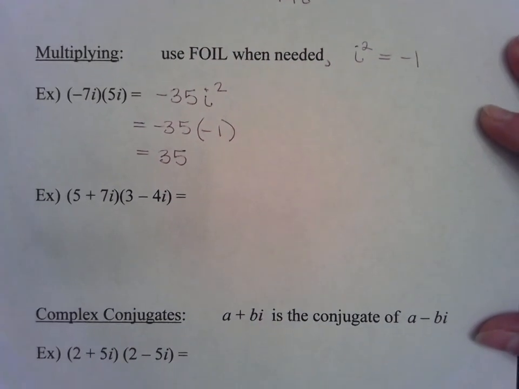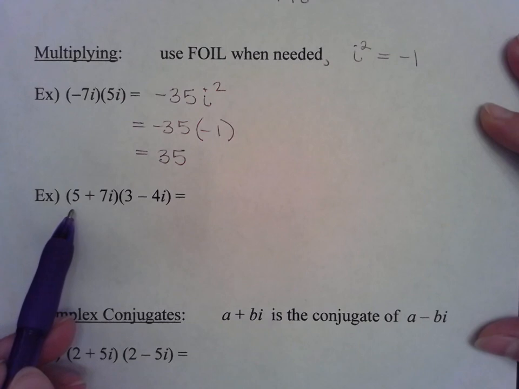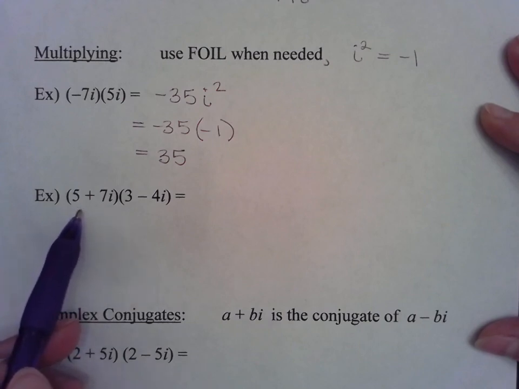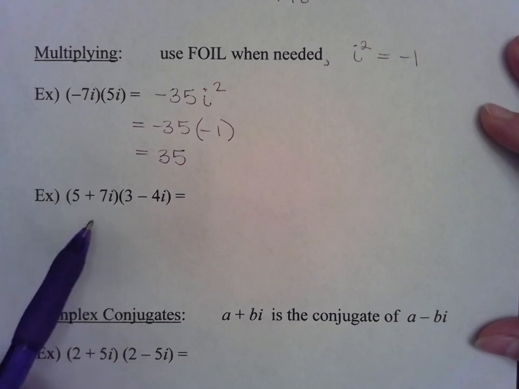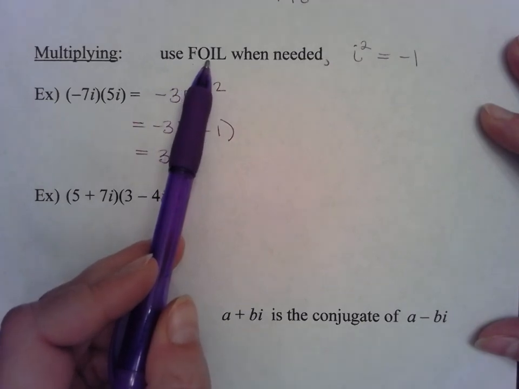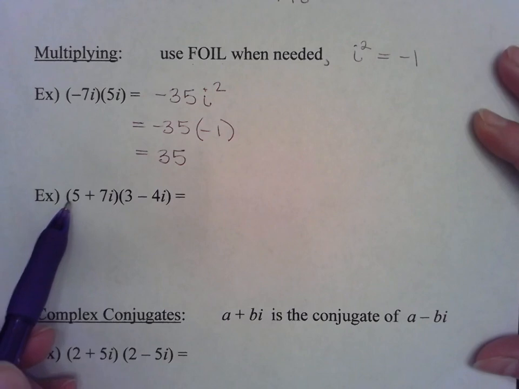Okay, if we're multiplying two complex numbers that have two parts, these are sort of like binomials, so we can use FOIL here. We haven't taken the time to talk about FOIL, I don't think, but this is first, outside, inside, last. So we could use that idea here.